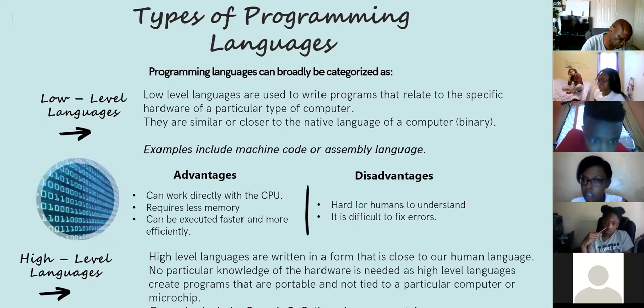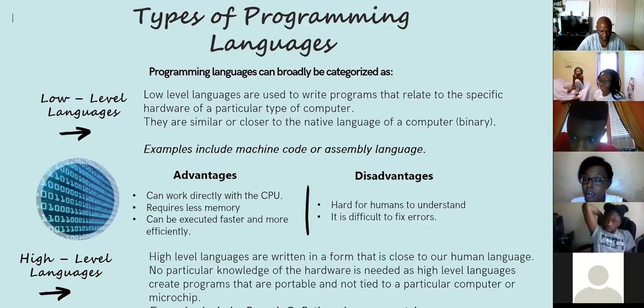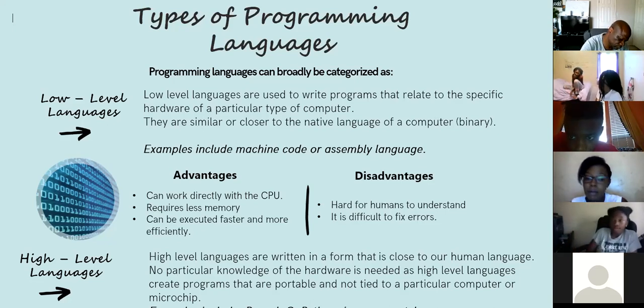It contains the zeros and ones, but has a bit of English. So this English needs to be translated into zeros and ones as well. There's something that comes between the assembly language and the machine to translate it into zeros and ones.